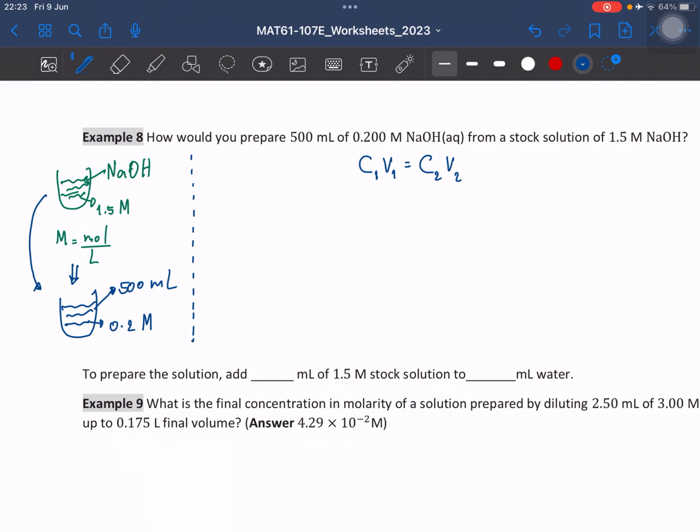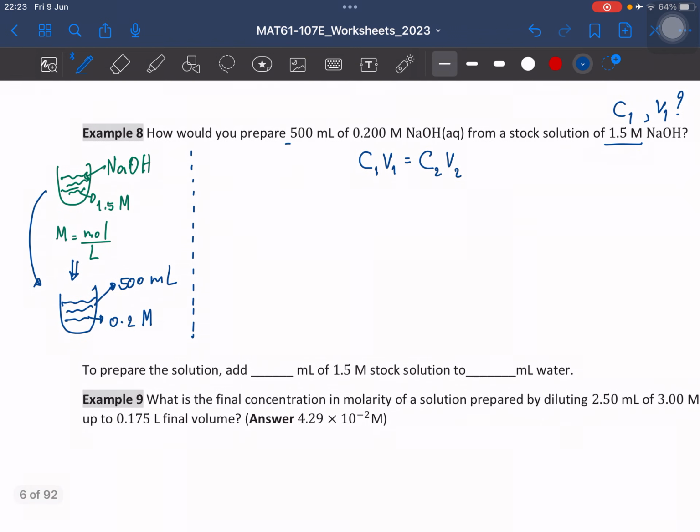That means at first you know that this is C1, right? You don't know V1, you want to find V1, and you know the final volume V2 is 500, and C2 is 0.2 molar.